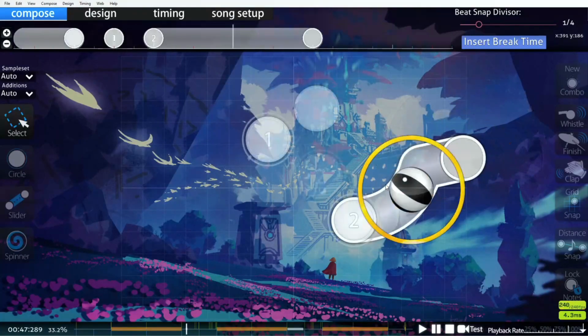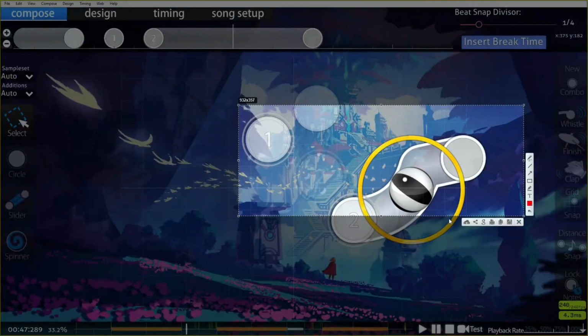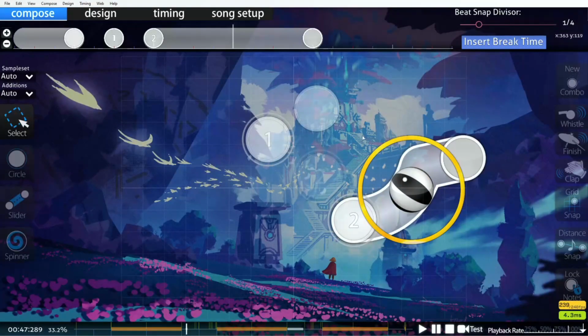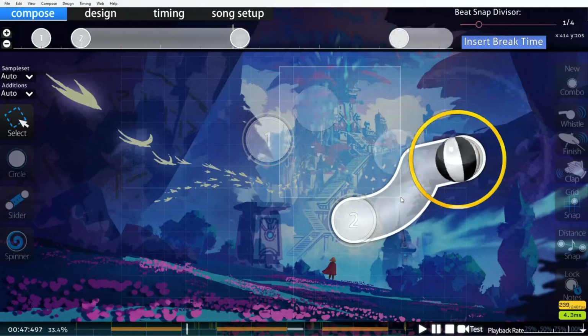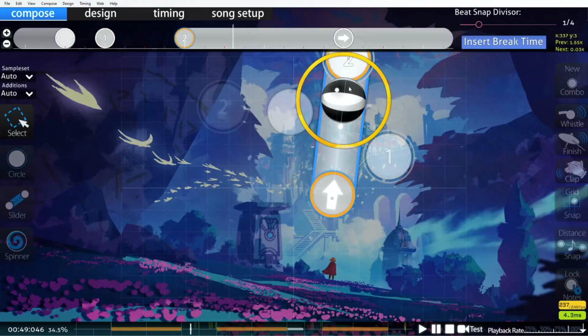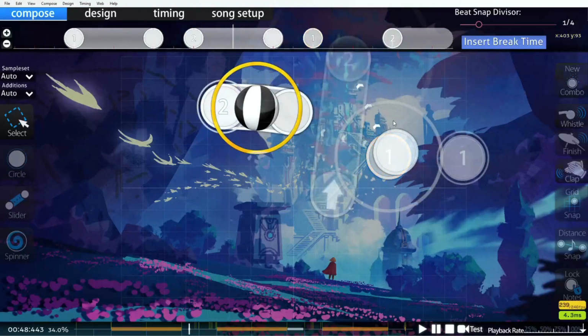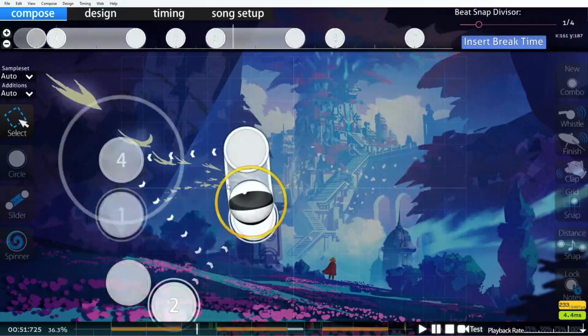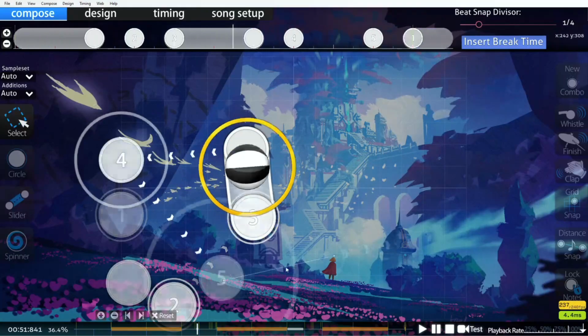And you can see he creates this space by having this weird shape too. And if I play the map and I just select this space right here, you can see how well it is filled with this slider and this circle right here. And the rhythm intensity is of course lower than the previous part, because obviously this was a key eye and this is not a key eye.